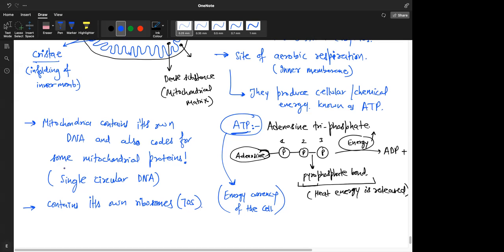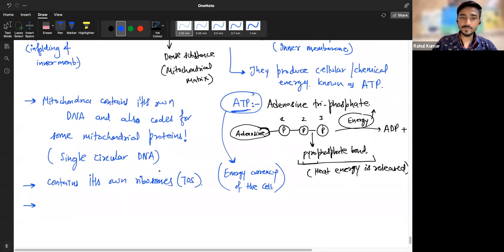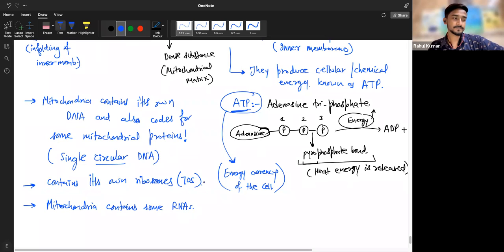Exactly. Right, correct. So mitochondria has 70S ribosome. Mitochondria has a single circular DNA. Mitochondria also has, write down, some RNAs, its own RNAs. Okay.